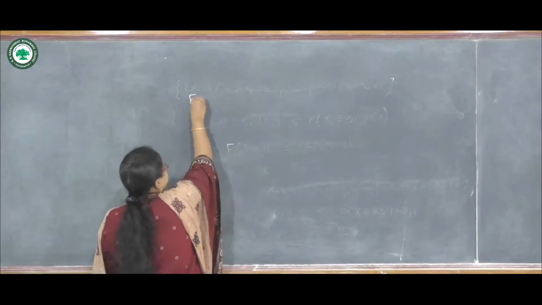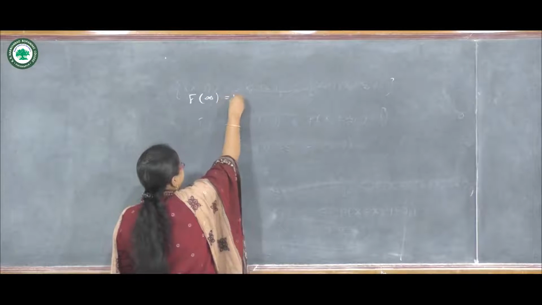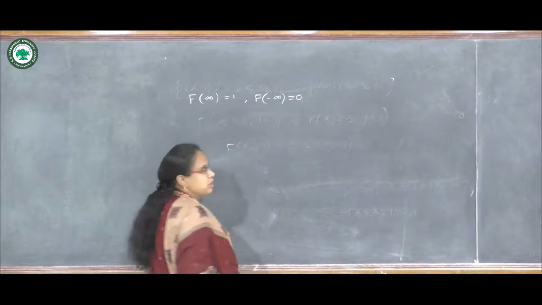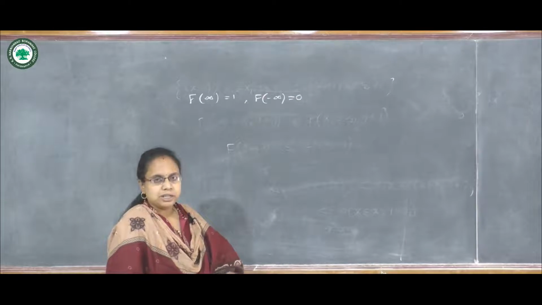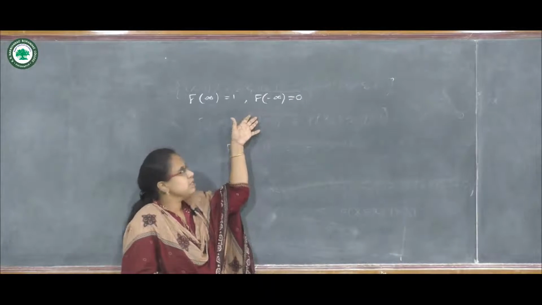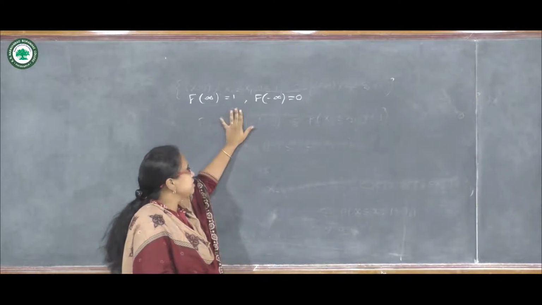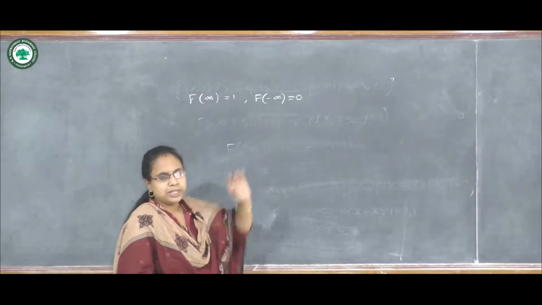We know that F of infinity is 1 and F of minus infinity is 0. So from the first unit, that is continuous univariate distributions, we know this and we have also proved that F of infinity is 1 and F of minus infinity is 0.